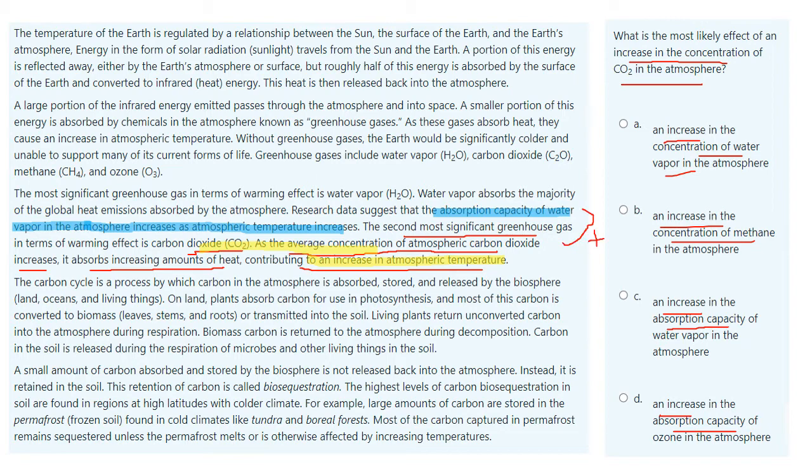So if the temperature is higher, water vapor can absorb more heat. If there is more CO2, then water vapor can absorb more heat. So if the CO2 increases, then the temperature will increase and the water vapor will be able to increase the amount of absorption that it has. So it is an increase in the absorption capacity of water vapor in the atmosphere. And we get this by joining those two sentences together.